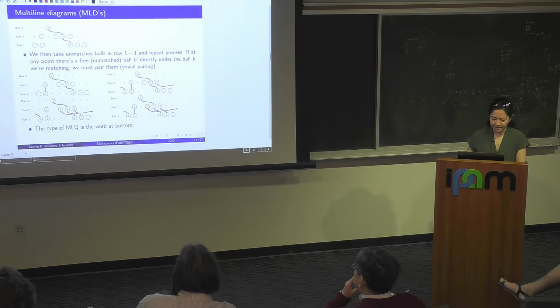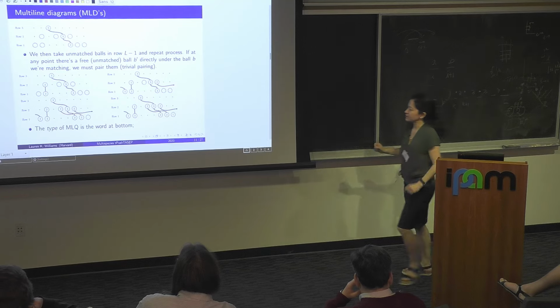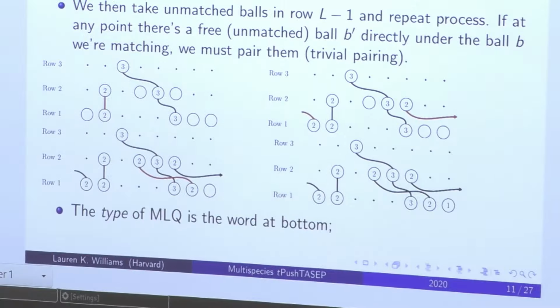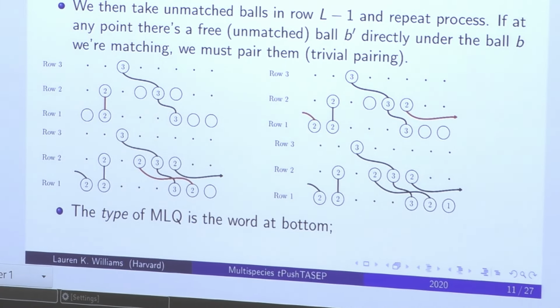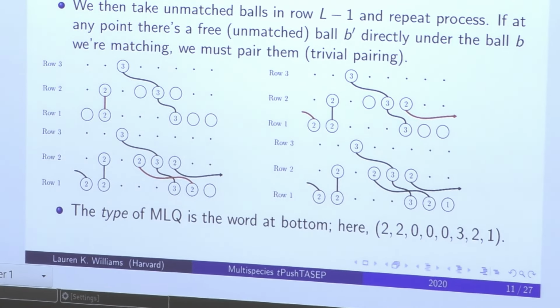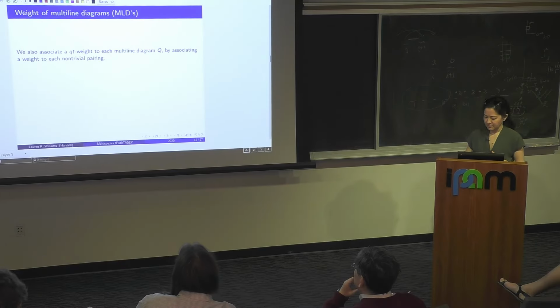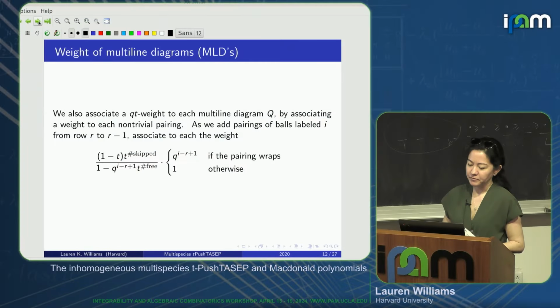Okay, so this is a multi-line diagram, and the type of the multi-line diagram is the word at the bottom. So 2, 2, 0, 0, 0, 3, 2, 1. Okay, and then there's a QT weight that we can associate to every multi-line diagram, and we associate a weight to every pairing.